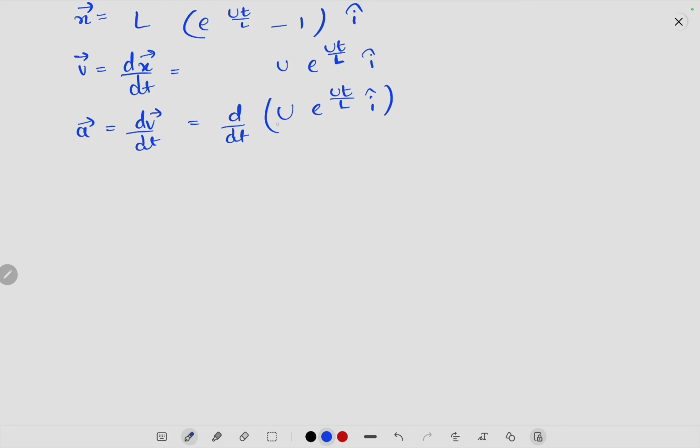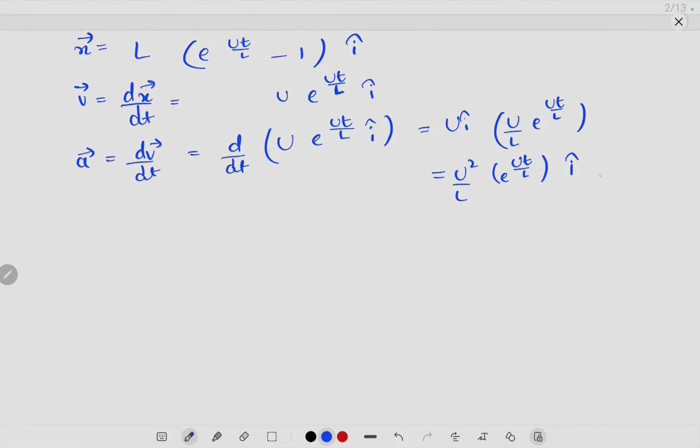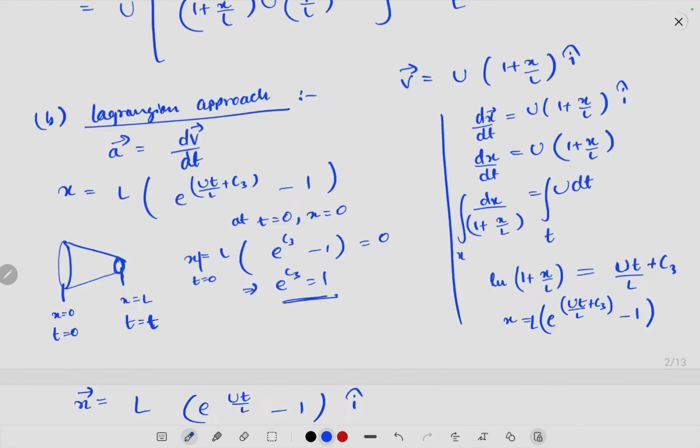Now this u, since it is a constant, I can just take it outside of the derivative. i hat also I can take outside, so u i hat d by dt of e to the power ut by L would give me u by L e to the power ut by L. And this becomes u square by L e to the power ut by L i hat.